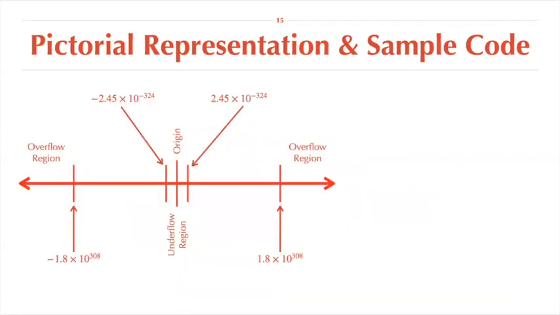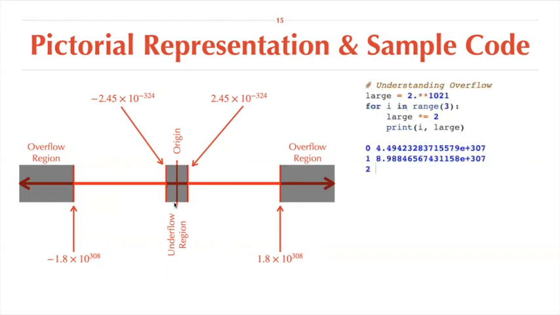Let me now explain pictorially what I showed in the previous slide. If you have any number that goes beyond this quantity, 1.83 times 10 to the power 308, it will give you infinity. Again, if you go in this region, it will give you minus infinity. And if you have any number in this region, it will give you 0. For example, let's say we talk about underflow.